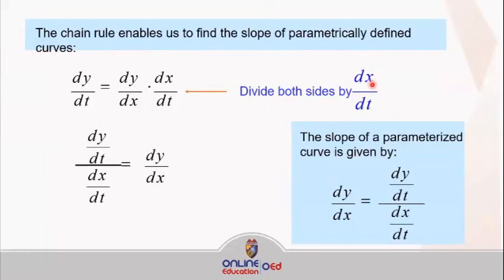So if we are going to divide both sides by dx over dt, we have dy over dt over the dx over dt is equal to dy over dx. So, ito na yung slope formula natin. The slope of a parameterized curve is given as this formula. We have dy over dx equals dy over dt over dx over dt.